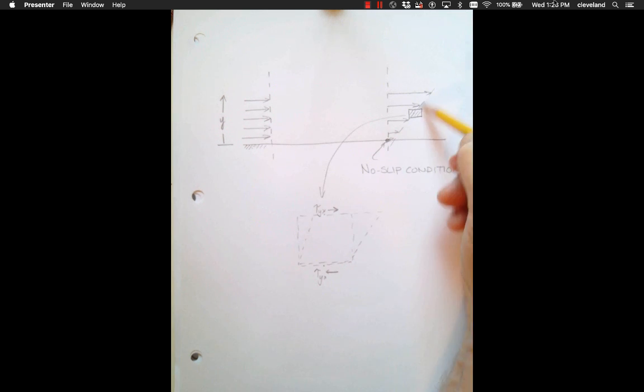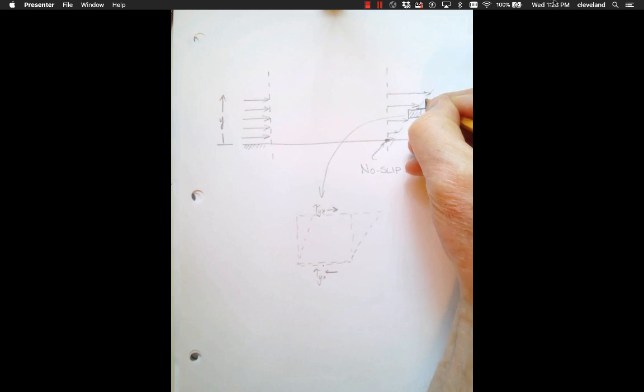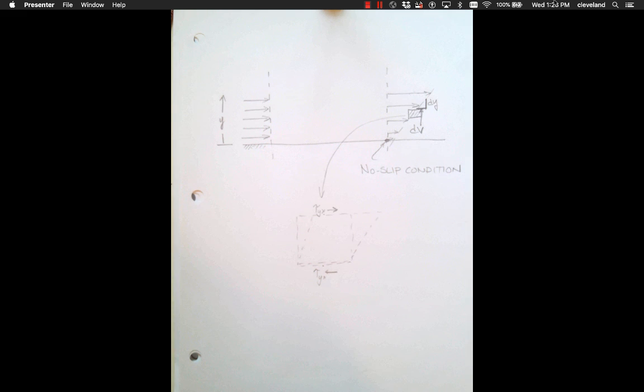This profile is also called a velocity gradient, and the slope of it is related to the shear. These viscous effects are what cause velocity profiles to occur, or alternatively, if velocity profile then viscous, however you want to picture that.